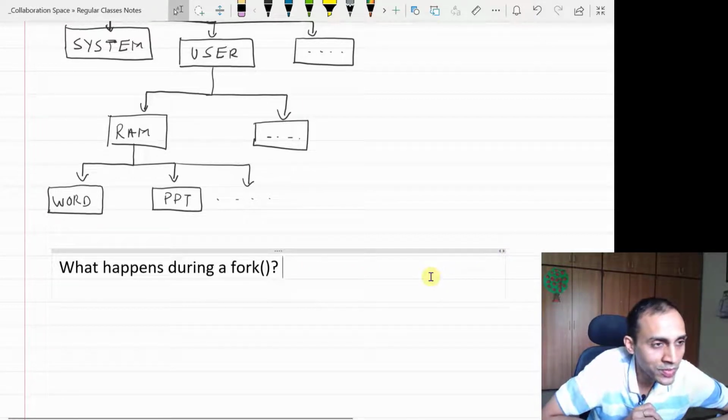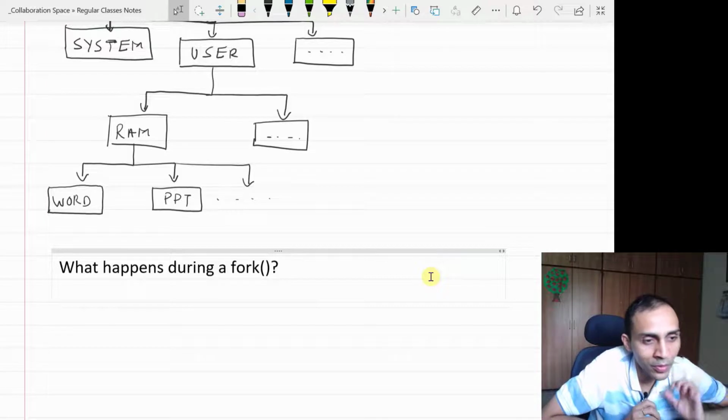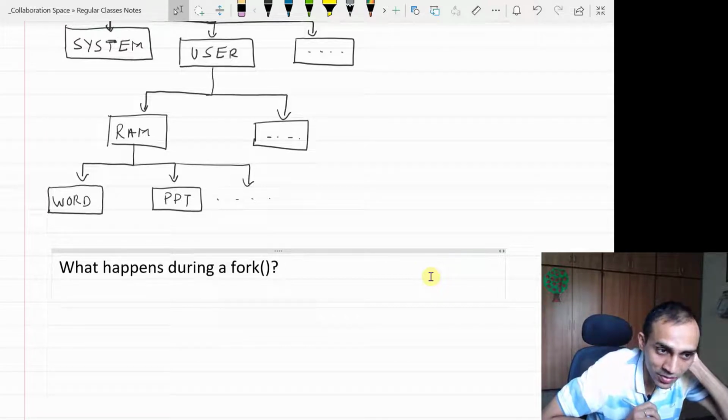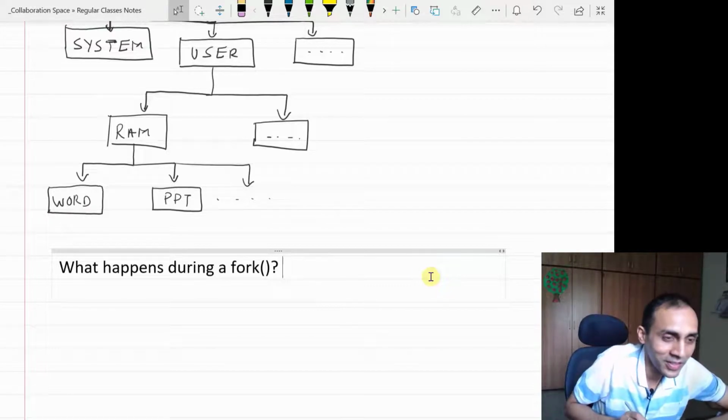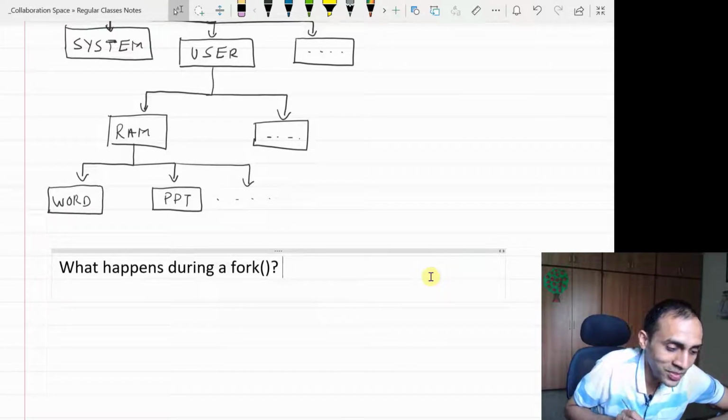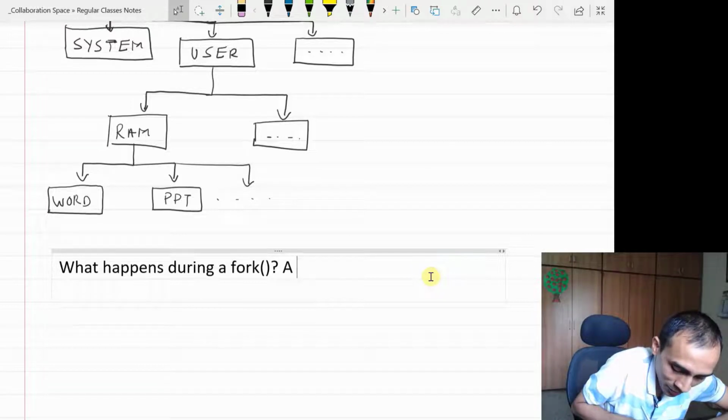We have seen old movies with a lot of duplicate roles by the hero. Nowadays we don't see so many duplicate roles. But in older movies, especially Amitabh Bachchan's, there will be a father who is also Amitabh Bachchan, and his son will also be Amitabh Bachchan. So you'll have multiple copies. Similarly, fork does something similar. It basically makes duplicate copies.